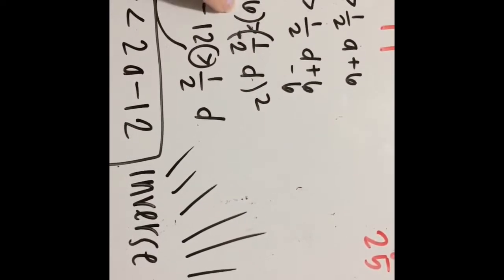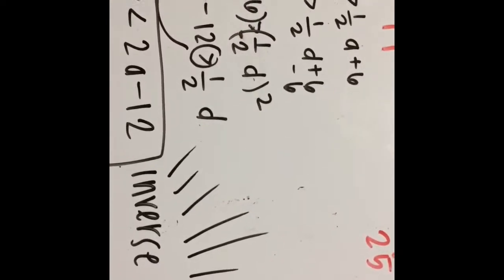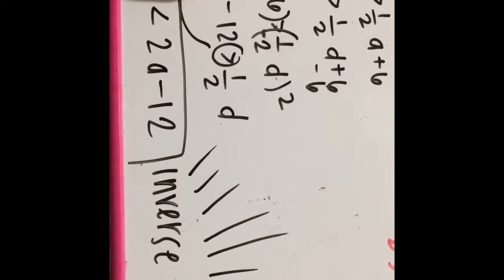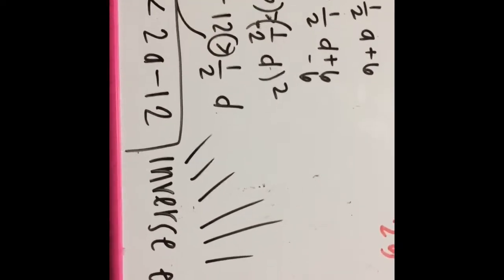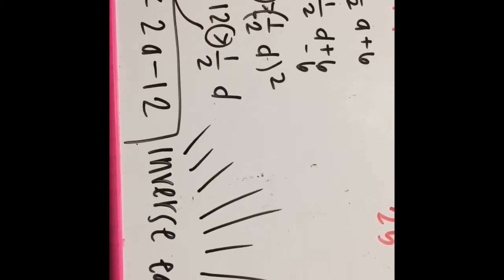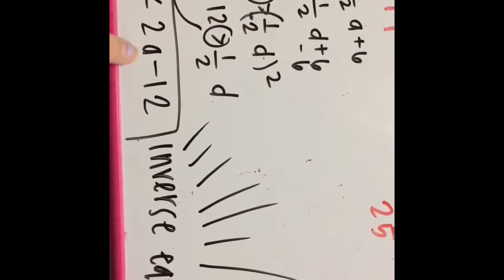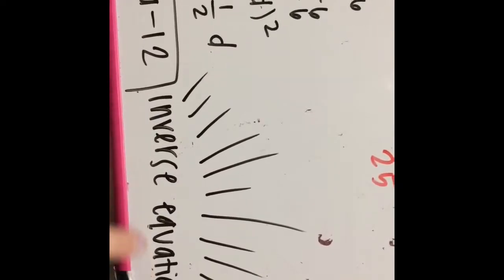And once you do that, it would be A minus 6 is greater than 1/2 D. Then multiply both sides by 2 so you can cancel out the half. Then you'll get 2A minus 12 is greater than D, and then you need to move the little greater sign over here, and then put the D over there too, so D is less than 2A minus 12, and that's your inverse equation.